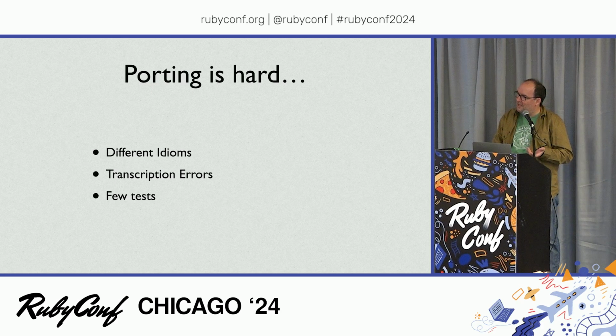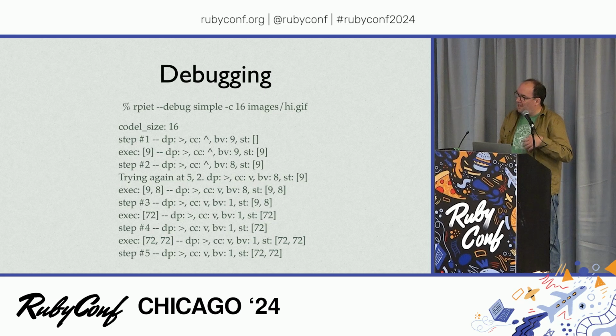And there were no tests. I say few tests, but there were none. So what you do is you generate a debugging output that's similar to another Piet implementation, figure out what's wrong, and then fix it. I was comparing against Rpiet, which is kind of the best Piet implementation, at least for now.